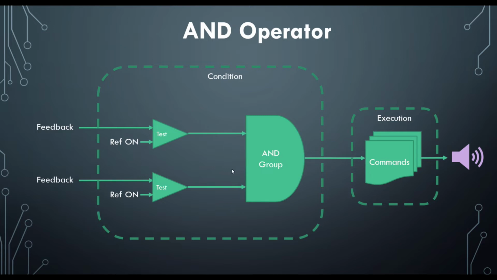When both inputs to the AND are true at the same time, the output of the AND will be true, the condition will be met, and that will trigger the execution of the action, which will be to play the Welcome to iTrain sound file.